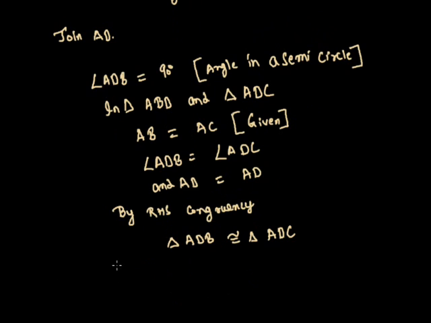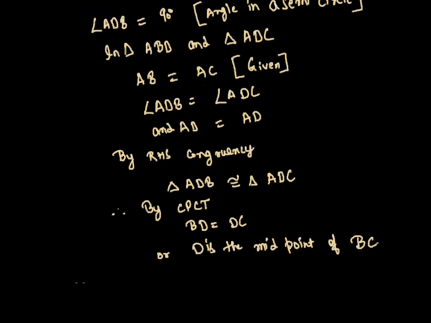Therefore, by CPCT, we can say BD is equal to DC, or D is the midpoint of BC.